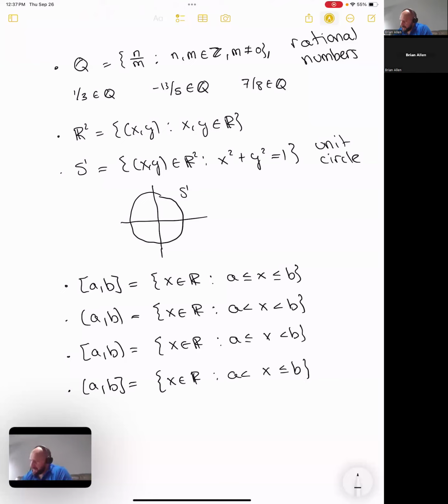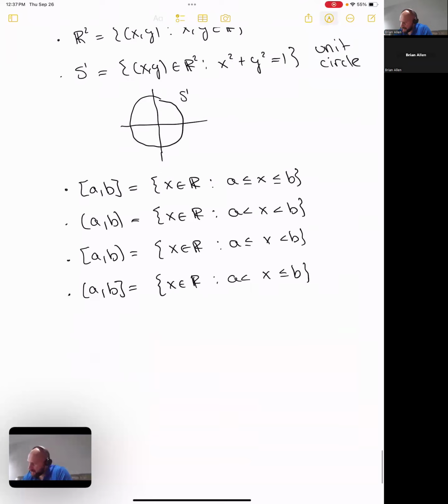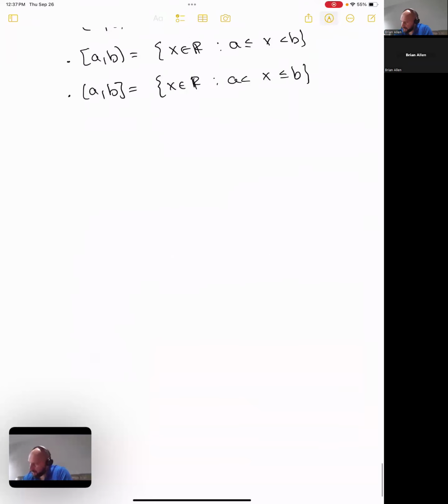But now we want to make a definition, something else which is really important when talking about sets. So here's the definition, 3.4. Assume A and B are sets.